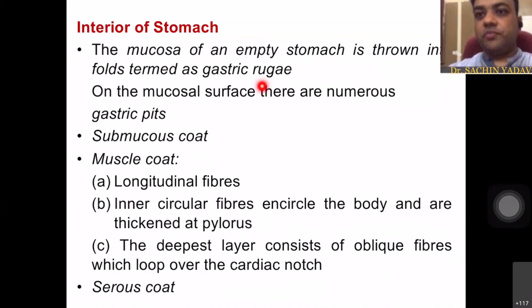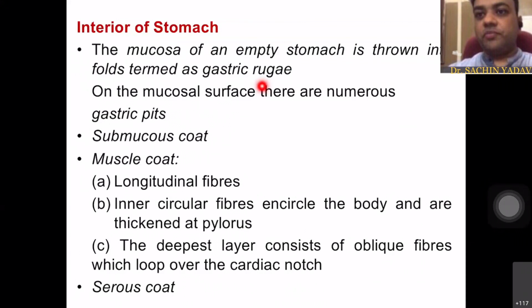That submucosa has a larger density of collagen fibers, so it is tougher and firmer as compared to the mucous membrane or the lamina propria of the mucous membrane. So if the submucosa is involved in a mucosal fold, those folds will be permanent. Okay, that will not collapse.